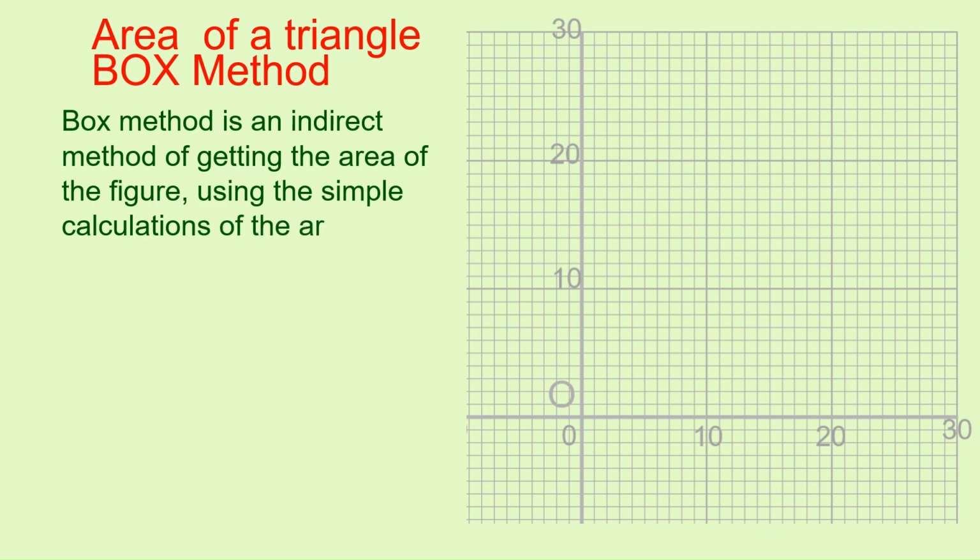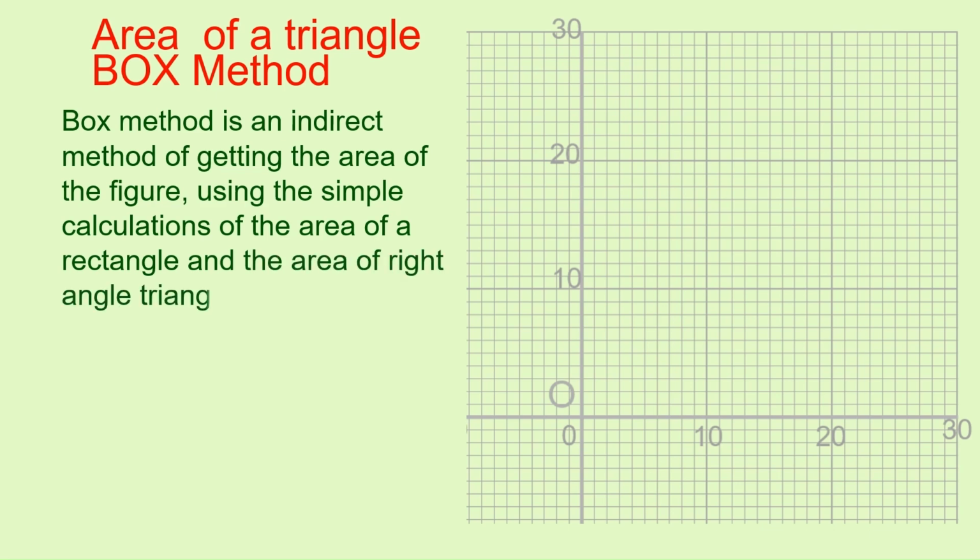Box method is an indirect method of getting the area of the figure using the simple calculations of the area of a rectangle and the area of right-angled triangles.